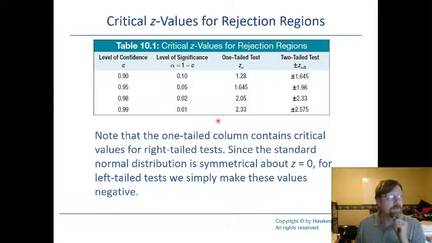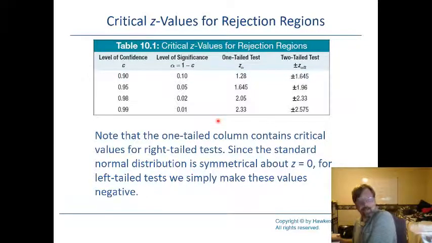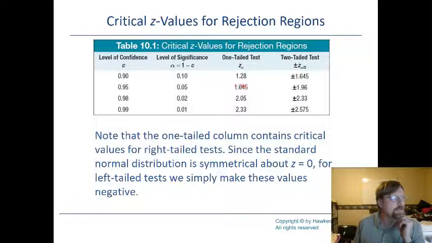The table in 883 only shows the one-tailed test column. It does not have that two-tailed test column, so you'd have to calculate that separately. You may note that these values match up here. These two match up.